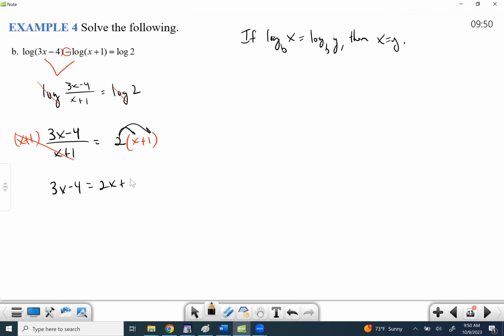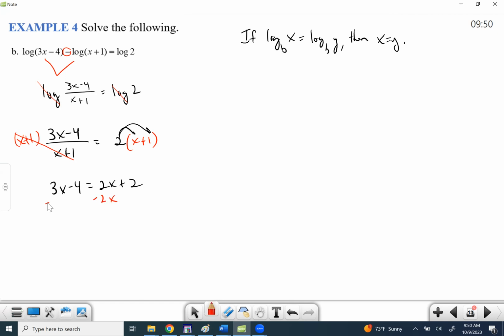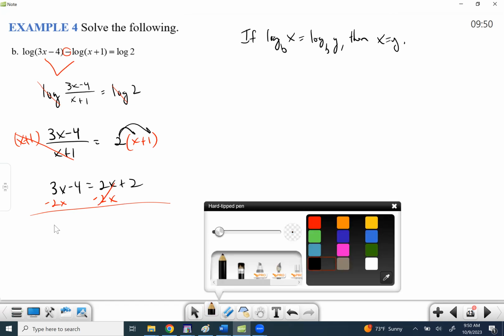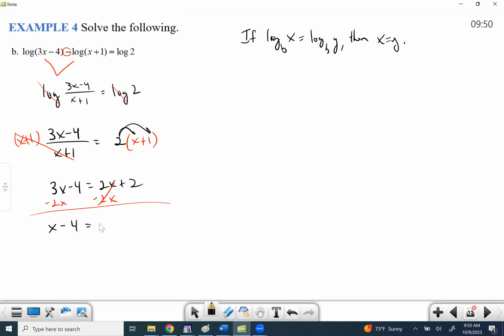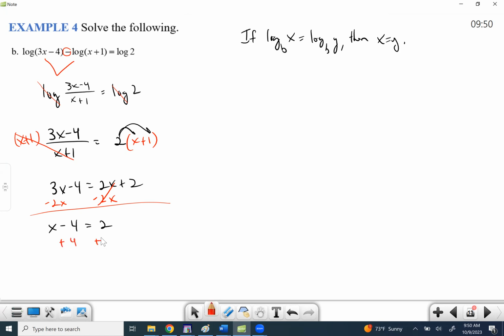I'm going to move the smaller variable to keep things positive. And then we'll add the 4. And don't box it, because like we said, you always have to check. That's the type of thing that used to burn me all the time when I was a student.